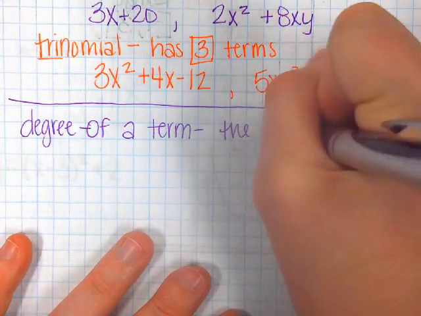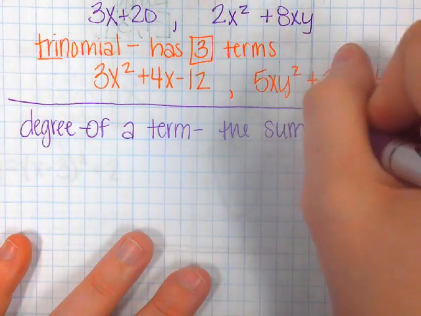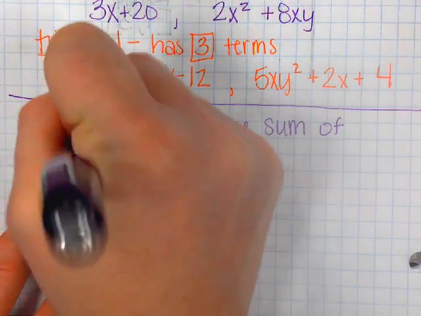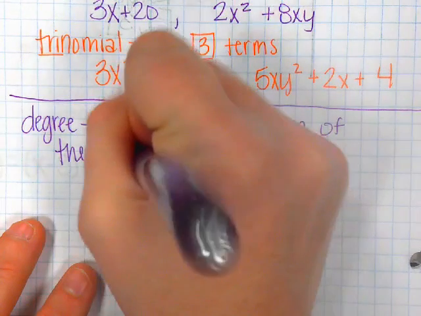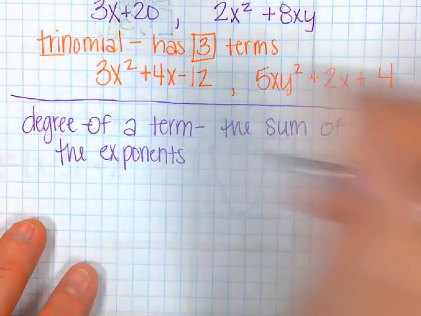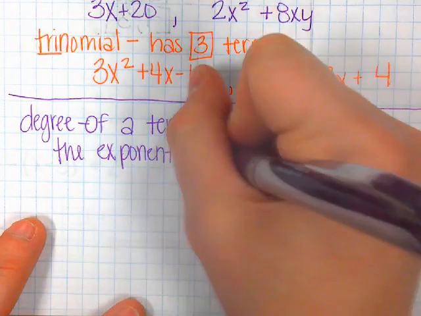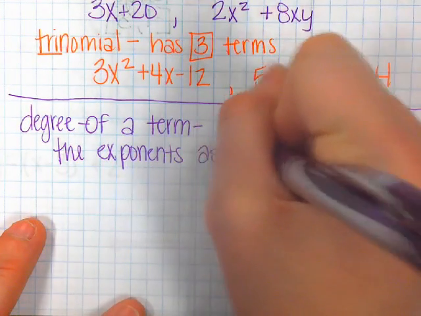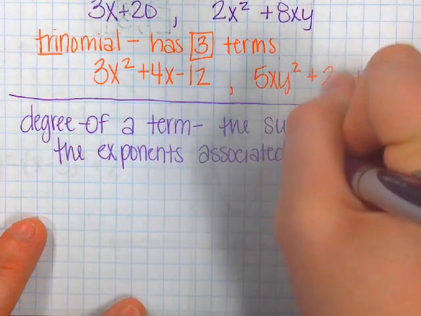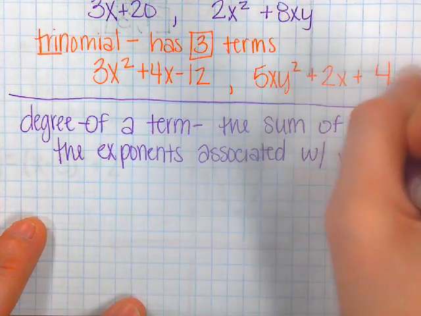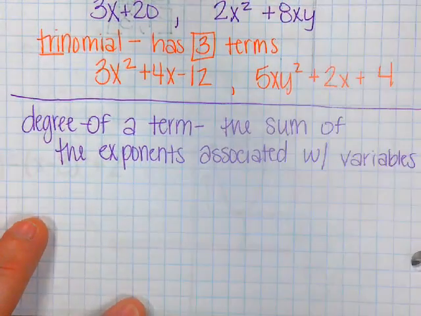So the degree is the sum of the exponents associated with variables.